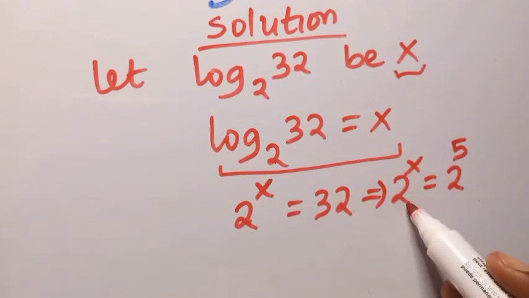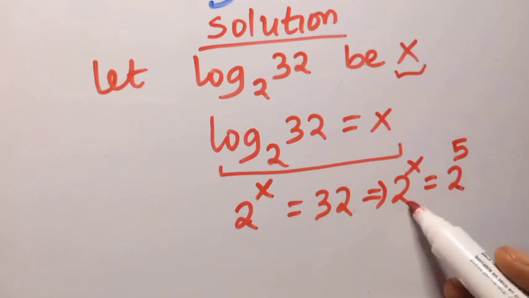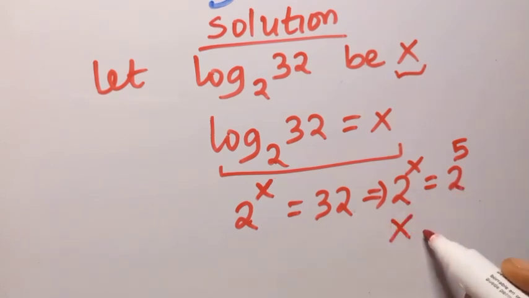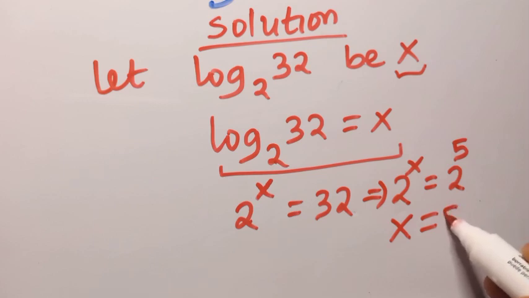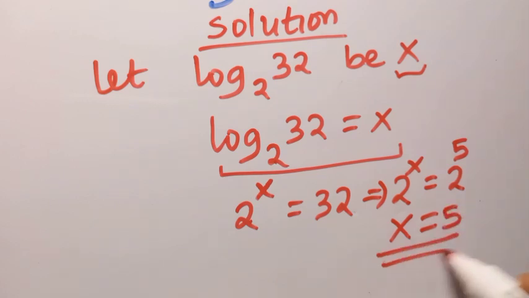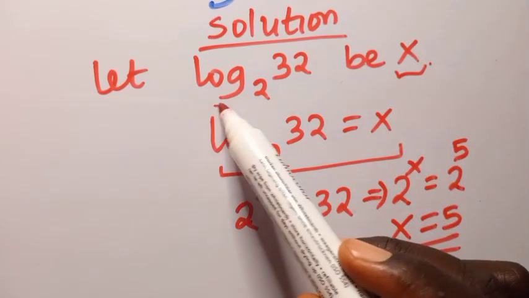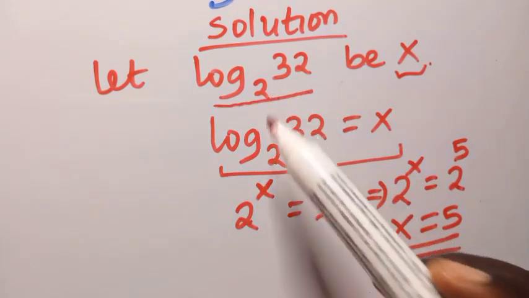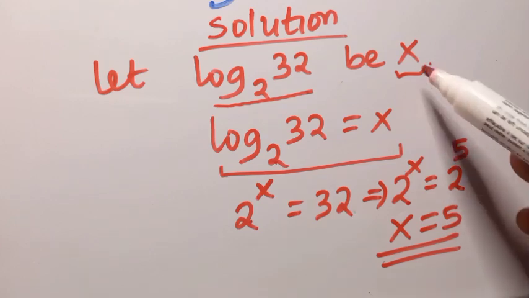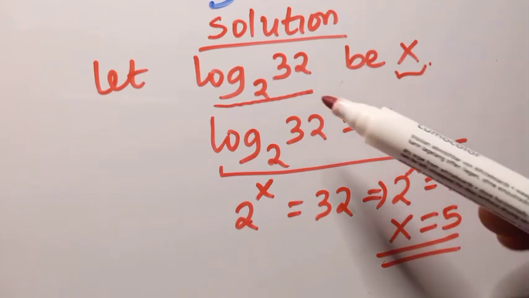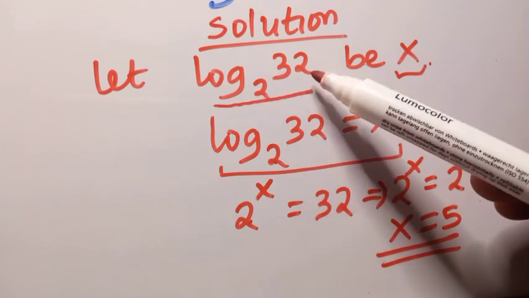Since the bases are the same, we can equate the powers. Therefore, x equals 5. Now we have obtained the value of x, and therefore instead of the logarithm of 32 to base 2, we shall have 5.